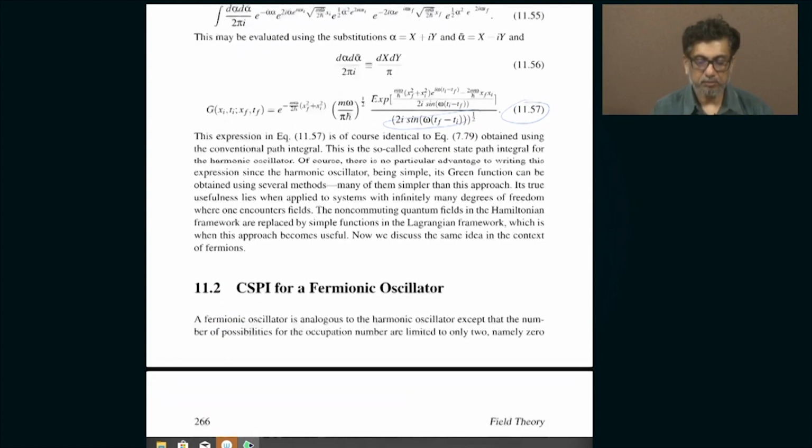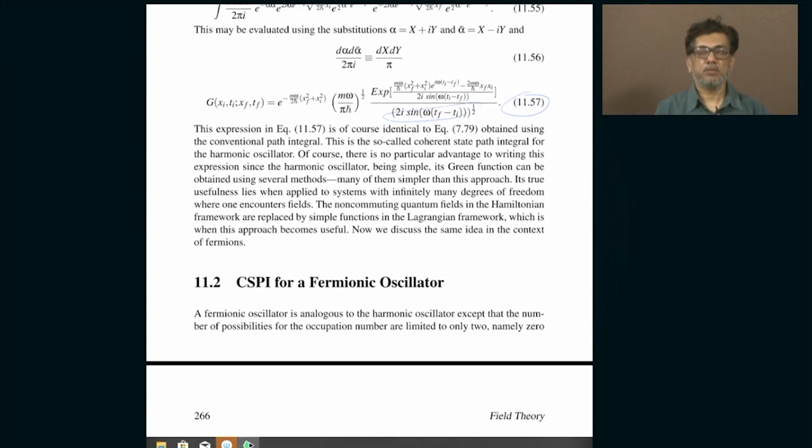I am studying that quantum mechanically using a whole bunch of approaches: starting from the original Schrodinger approach of wave functions and Hermite polynomials, then writing in terms of creation and annihilation, studying in terms of those ladder operators, or studying the quantum harmonic oscillator Green's function using the conventional path integral, which involves position and generalized velocity, in this case x(t) and x dot(t).